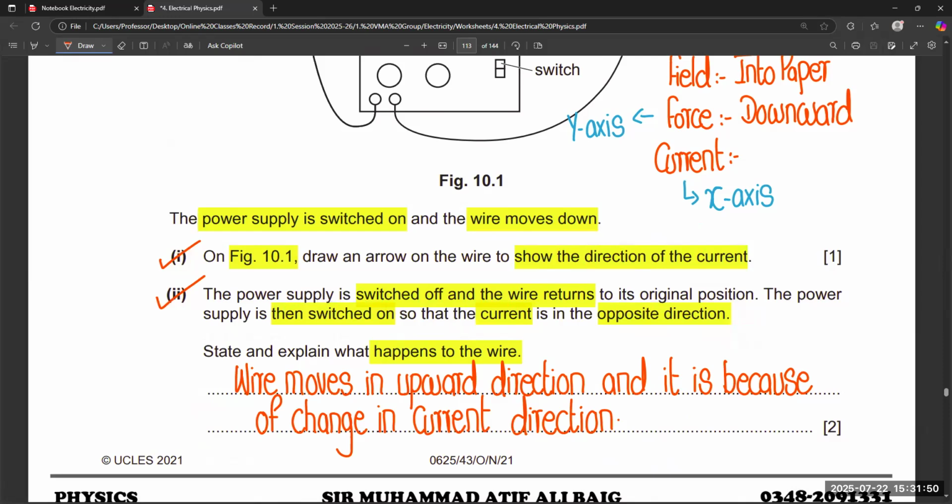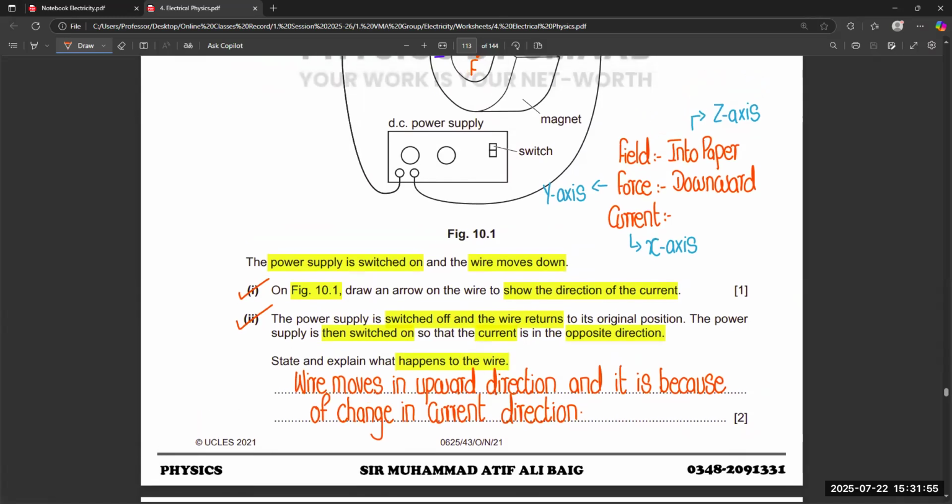When we change the direction of current, definitely the force also changes its direction.